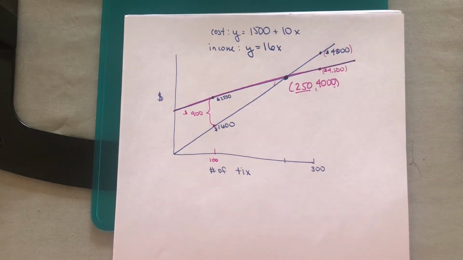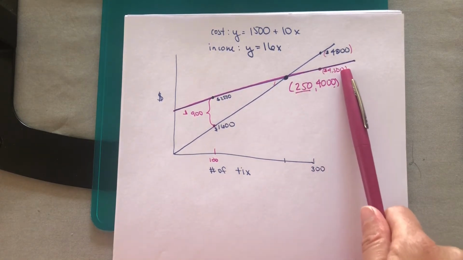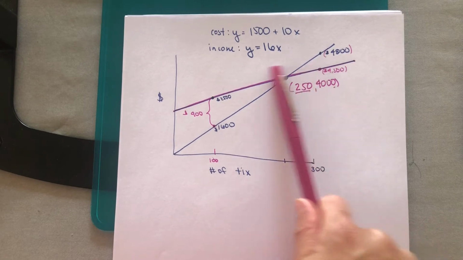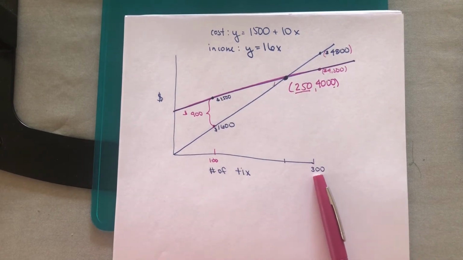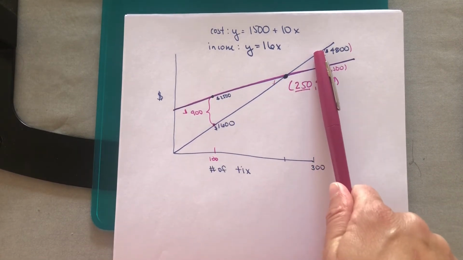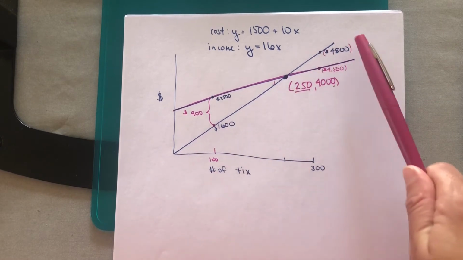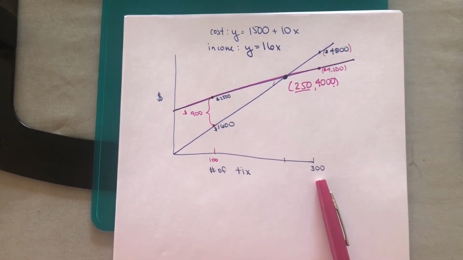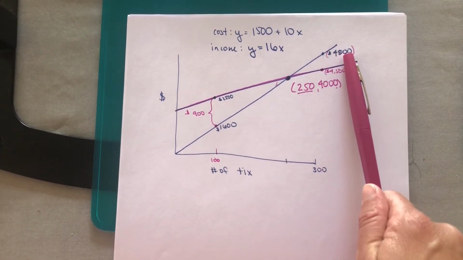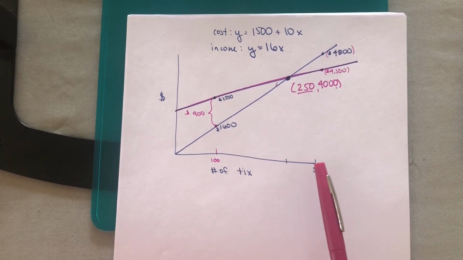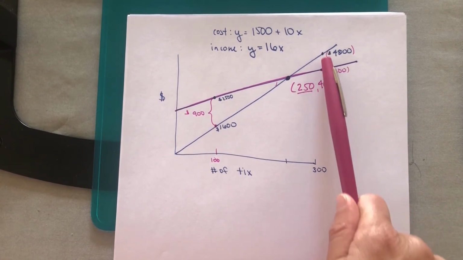spend. So for example, at 300 people, the amount of money you would have spent would be $4,500. So that's the Y value when X is 300. On the other line, the income line, the Y value for 300 people would be 4,800. So same X value, but different Y values.